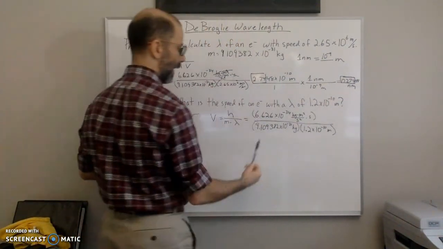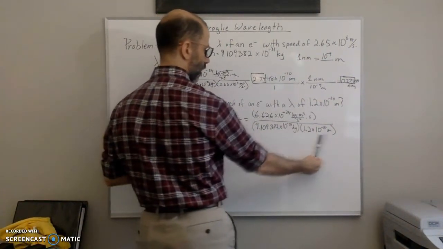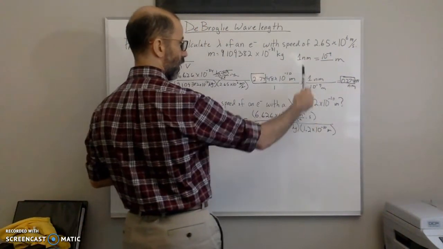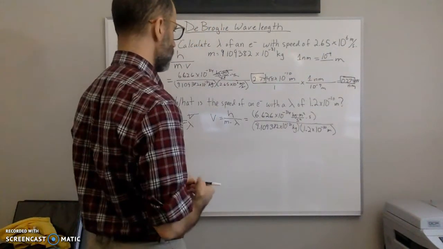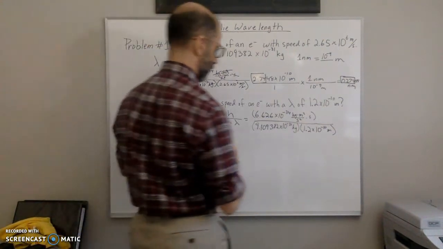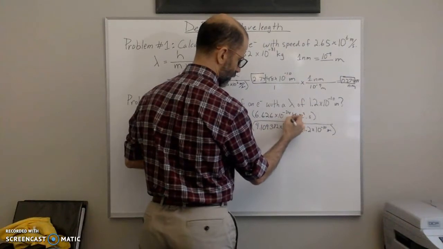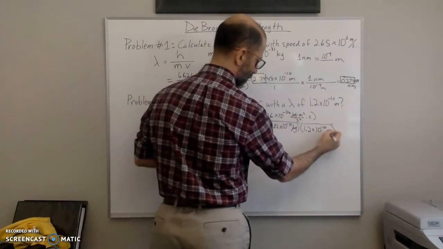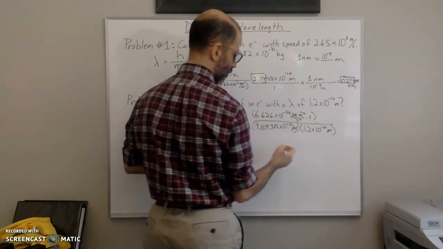So I imagine that we've got a similar wavelength. It looks like we're going to be in this ballpark for speed again. So all we need to do is calculate, but let's cancel our units. Kilograms will cancel out kilograms. Meters cancels out with meters, and now we have meters left over.